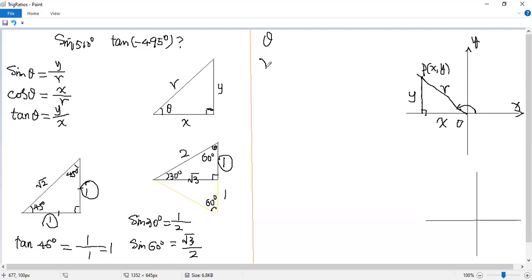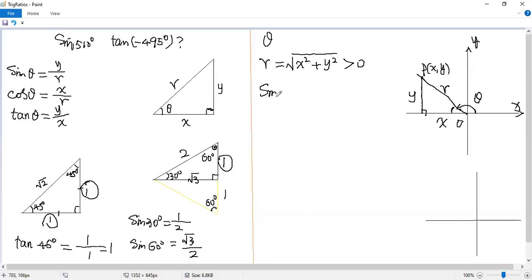So we can calculate r using Pythagorean theorem: r equals square root of x squared plus y squared. You see, it is always positive. This triangle is called the reference triangle for the given angle theta. To evaluate sine, cosine, tan of theta, we only focus on the reference triangle and the reference angle here.